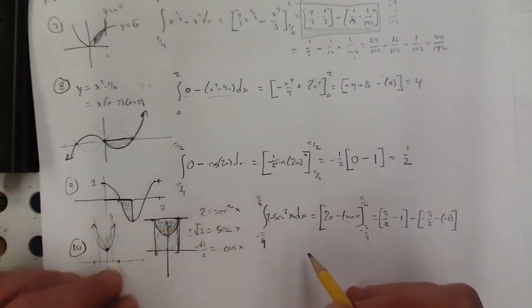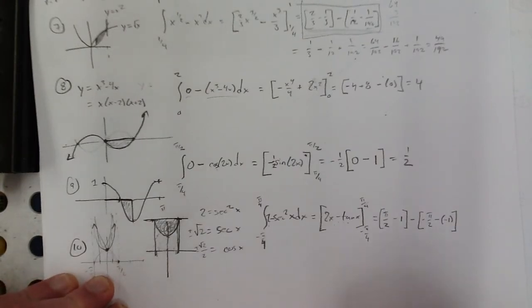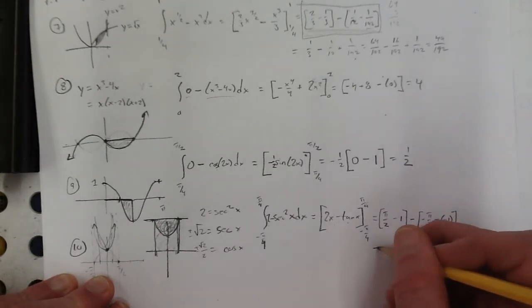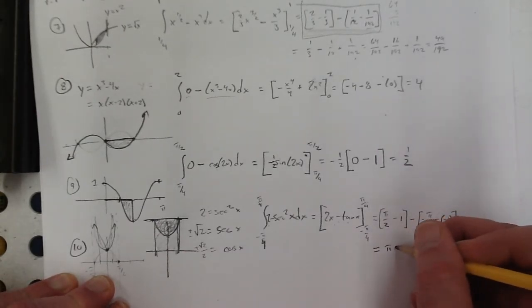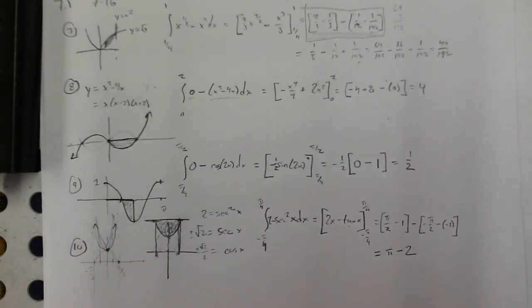And you might also notice by the symmetry of this graph or the symmetry of these expressions that we're just going to end up doubling this. So it's pi, however you scramble all that out there, it's pi minus 2.